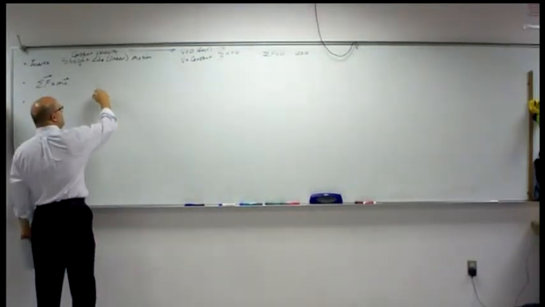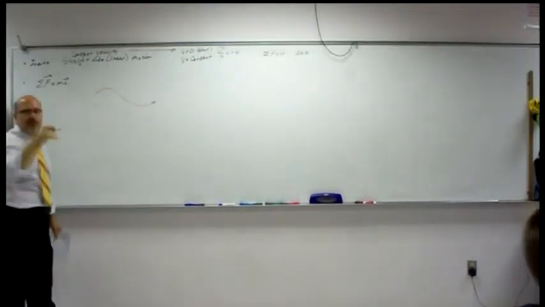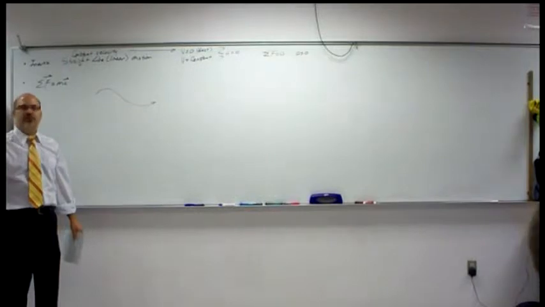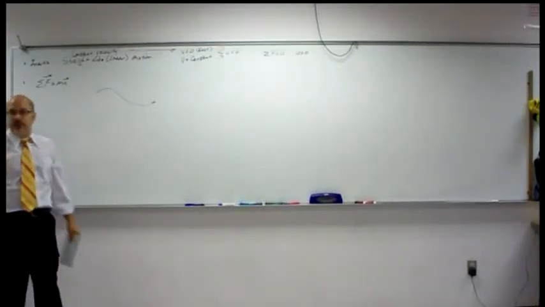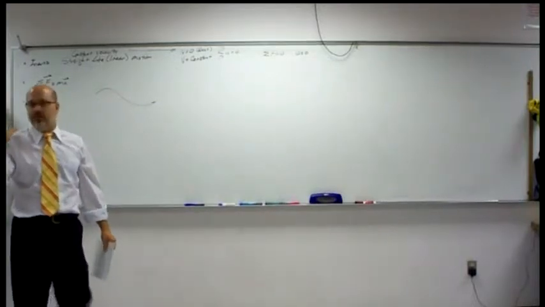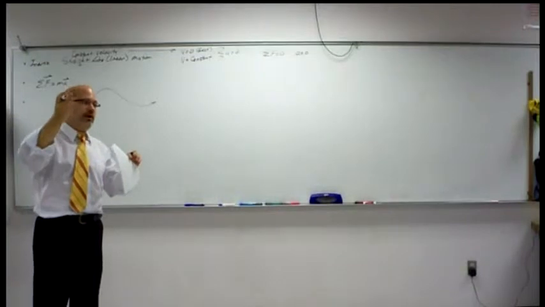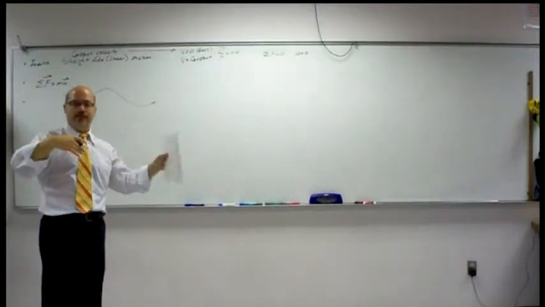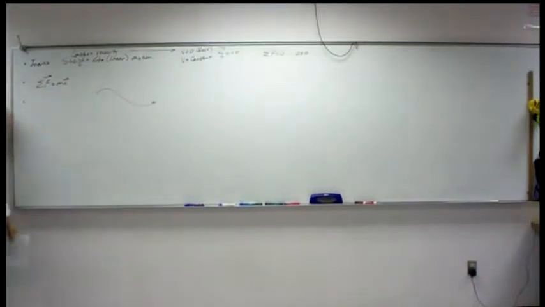If the net force is along the path only, then it's only tangential. You're just going to speed up or slow down. If the net force is off axis, meaning it's not pointing just in the direction it's going, then it's going to turn as well. And then we have the lovely third law.